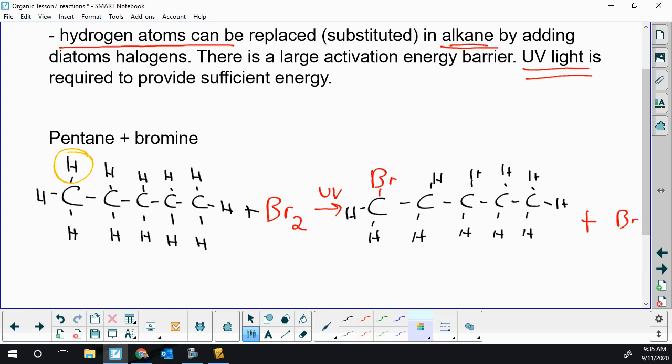Now we're good? No, we're not good right now. Like a little two here. Well, we started with 2 Brs, and there's 1, and there's 2. So that part is okay. Yeah, you get hydrogen bromide.